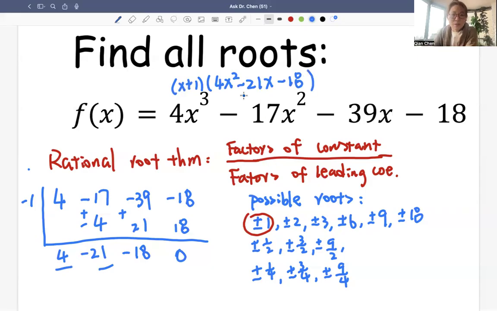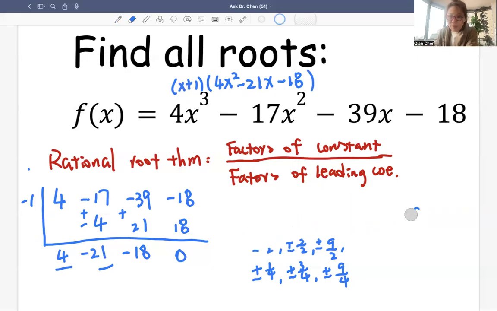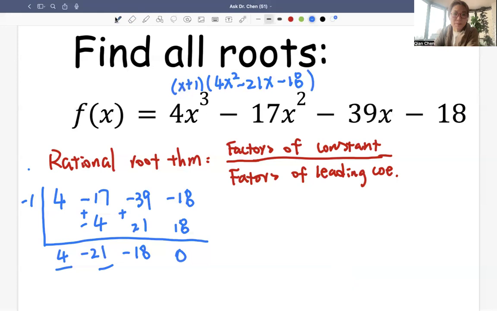All right, so we have a linear factor and a quadratic factor. Usually we know how to factor the quadratic, right? We want to try, can we factor into two binomials?